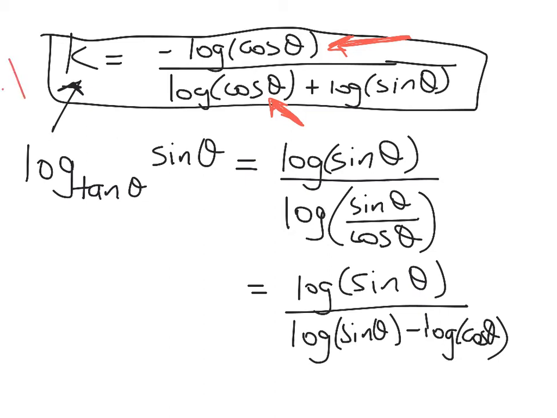Just in terms of strategy, I'm going back to this and I'm going to now manipulate this, and then hopefully I'll be able to plug things in down here and get to the answer. Alright, so k was equal to this.